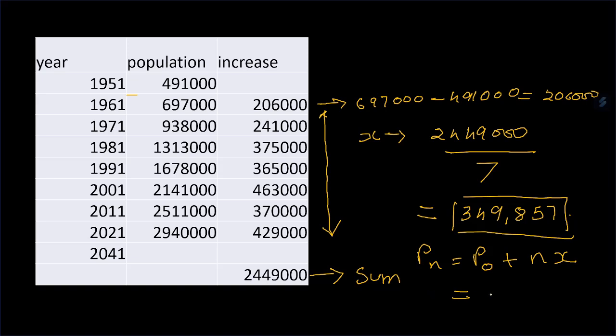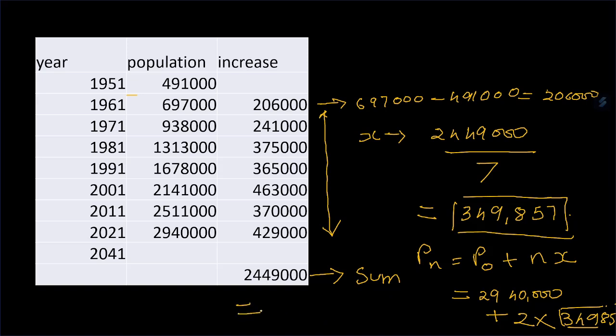P0 here is 29 lakh 40,000 plus n, the number of decades from present to the future, that is 2 decades, because we want to find the population for 2041, which is like 20 years from now. So that's why I'm writing 2 into X, which is nothing but 3,49,857.